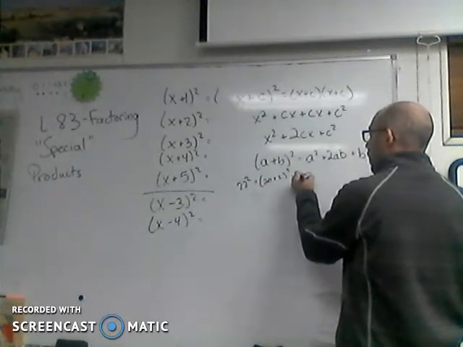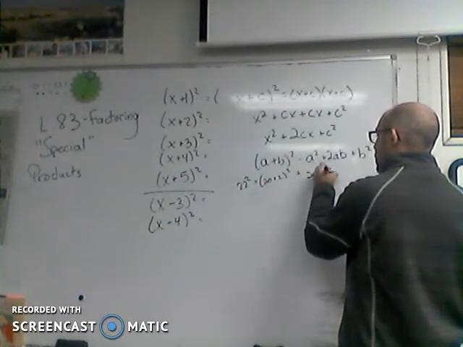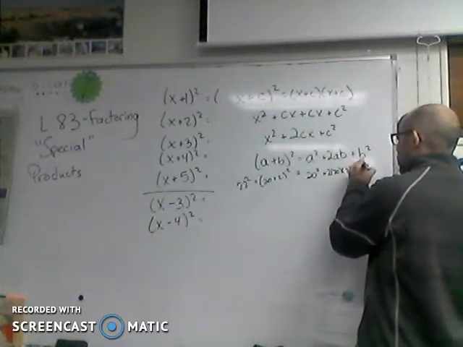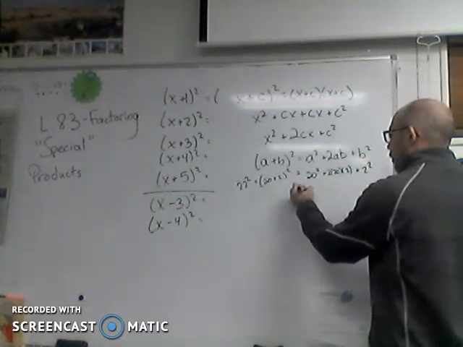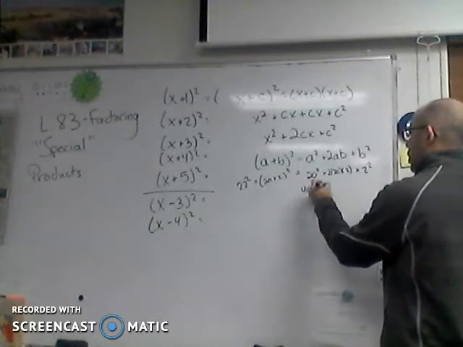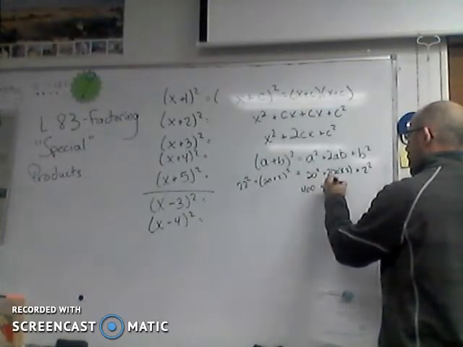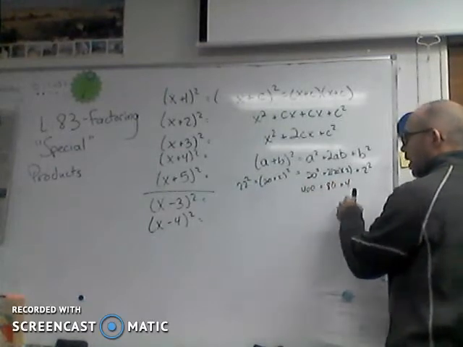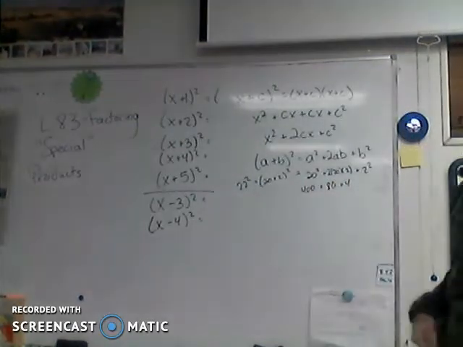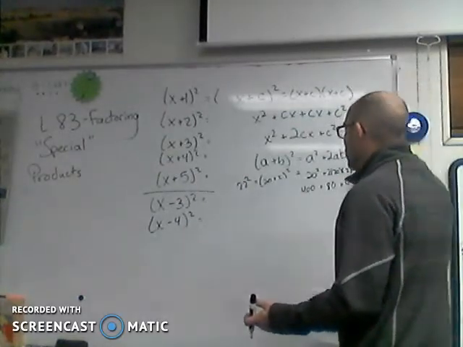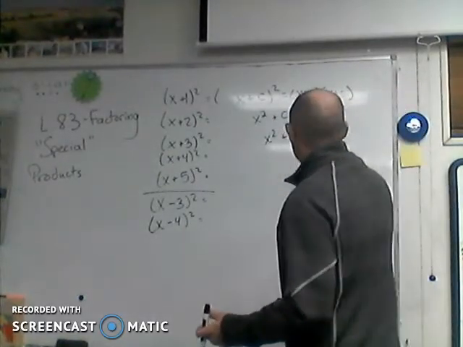We could go 20 squared plus 2 times 20 times 2 plus 2 squared. 400 plus 4 times 20 plus 80 plus 4. 484 would be your answer there if you use this process, because sometimes 22 squared is hard to do in multiplication.